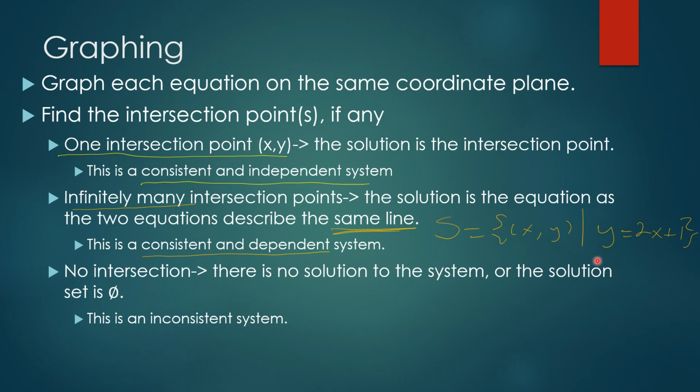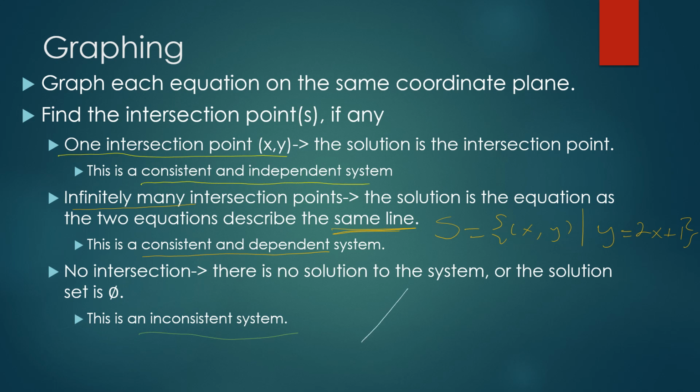This only happens if you have a consistent and dependent system. Now, if there's no intersection, then there's no solution. It is simply an inconsistent system. We would say the solution set is the empty set.